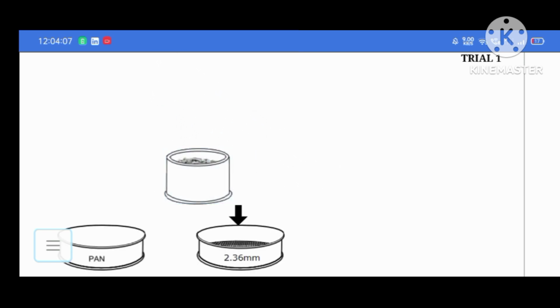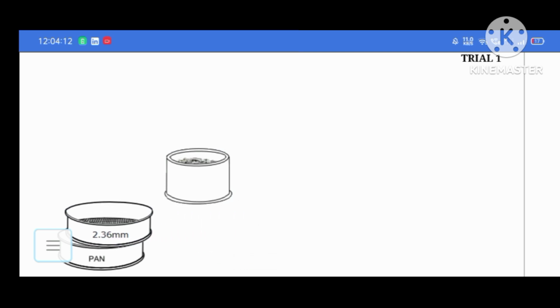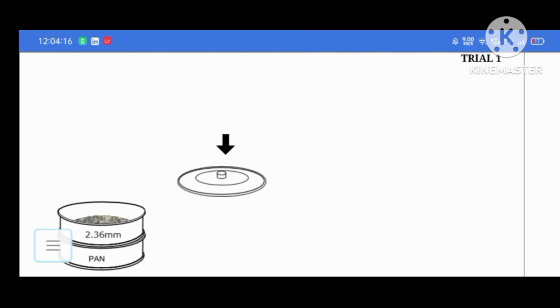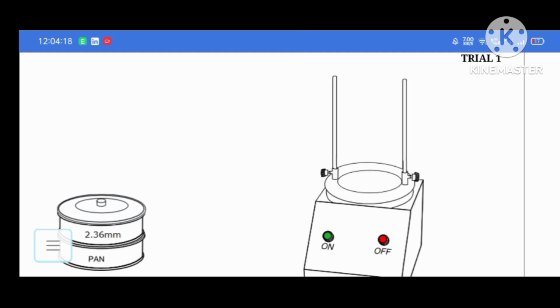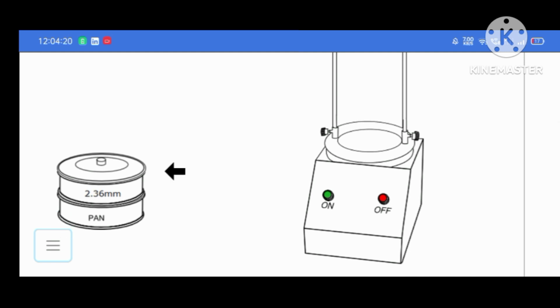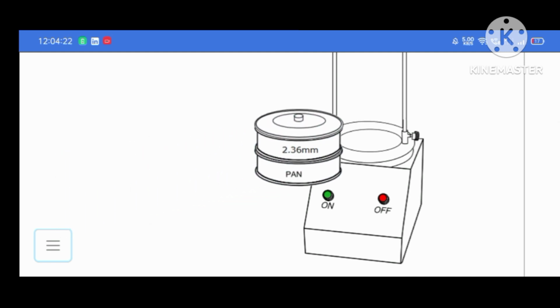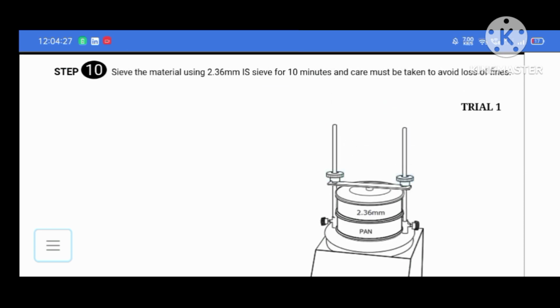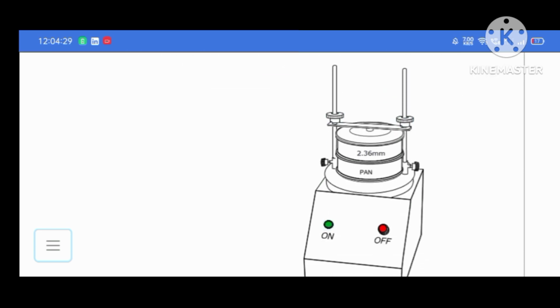Now put it on the 2.36 mm sieve and close with the lid. Again we are going to use the mechanical shaker, tightened, for 10 minutes.